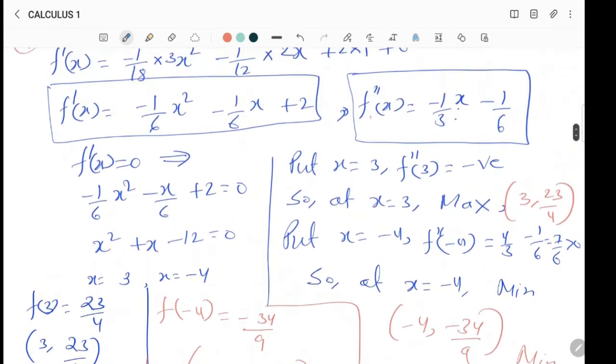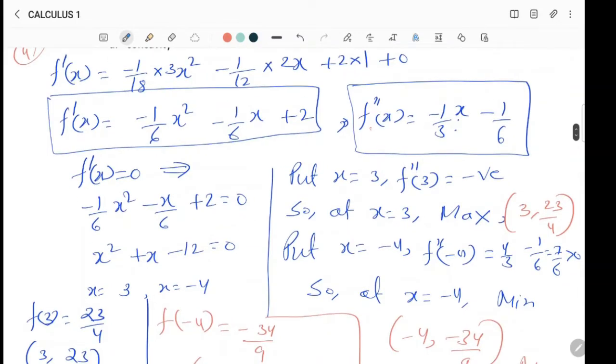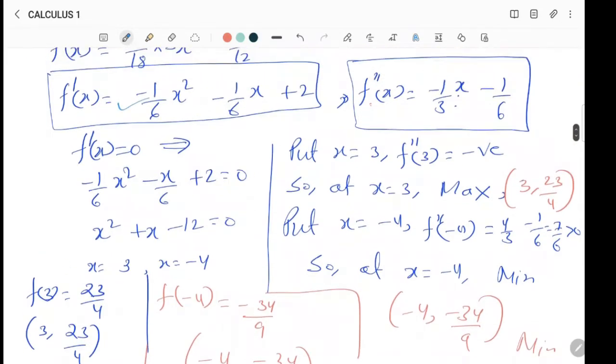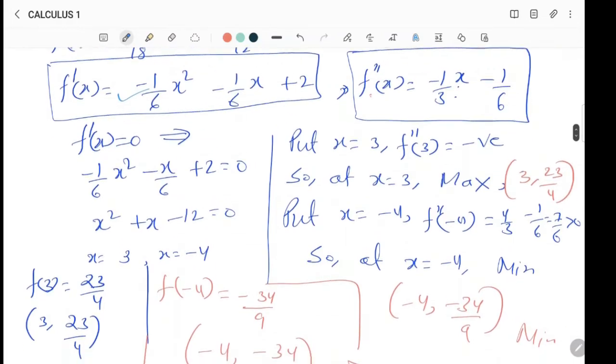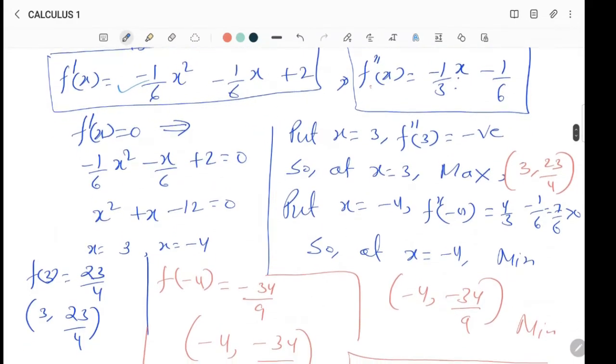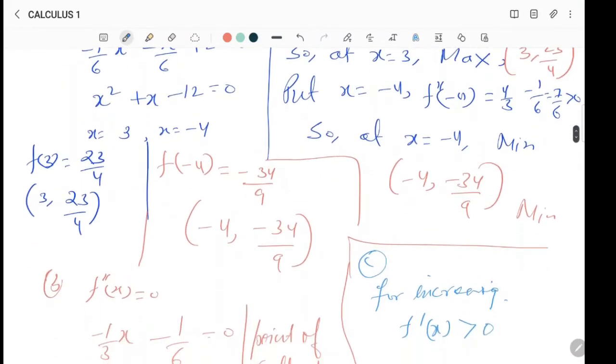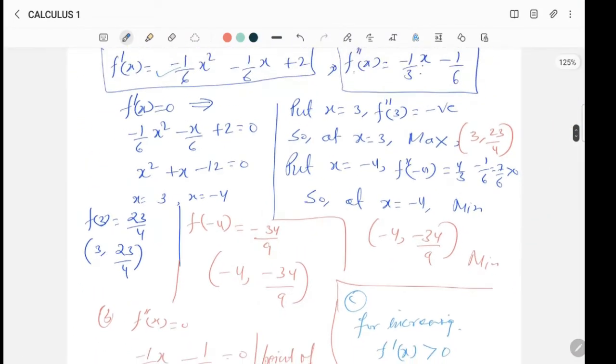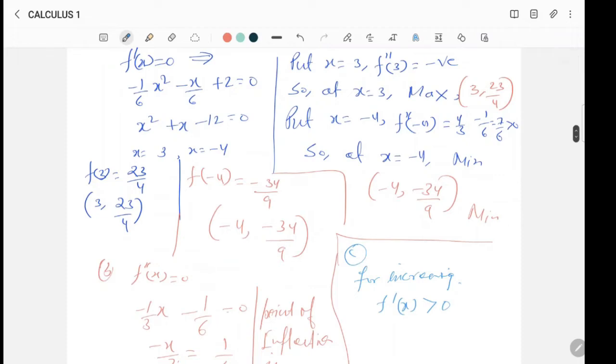So what is f dash x? First I would like to write f dash x properly. We know that for increasing, f dash x is positive, but first we need to write f dash x properly.